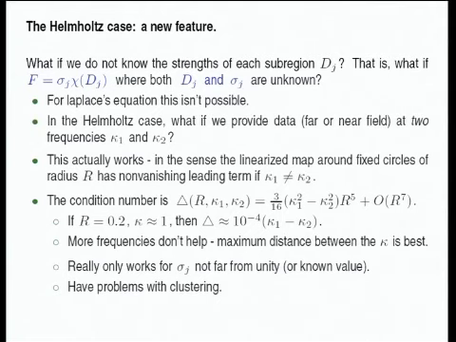More frequencies don't help, just the maximum distance between them. So there's no point in giving me 10 frequencies here. I'll just choose the one with the largest spread, and it won't make any difference. So this only really works for sigma j not too far from unity.